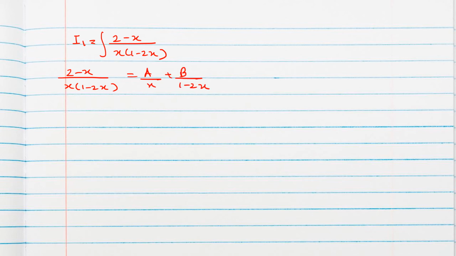In this exercise we are using partial fractions, so we'll use the partial fraction method. 2 minus x by x times 1 minus 2x, we can write x minus 2x square like that. This fraction we can write in partial form as a by x plus b by 1 minus 2x, which is a into 1 minus 2x plus bx divided by x into 1 minus 2x. So this denominator will go.